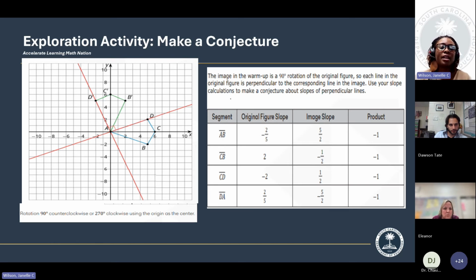So this is an example and an opportunity to challenge students to use their vocabulary. So when they say, oh, the slopes look like they're flipped, that's when we have them use the term reciprocal. And we want to stress to them, make sure they use terms such as opposite reciprocals instead of negative reciprocals.